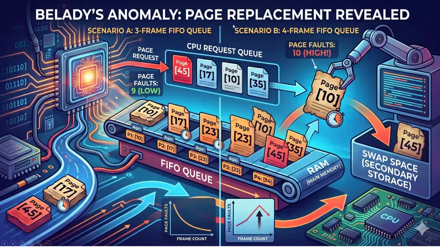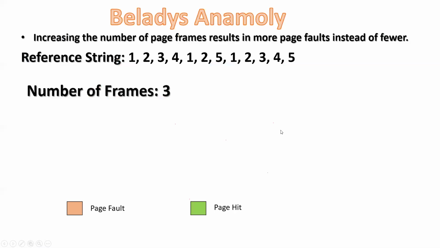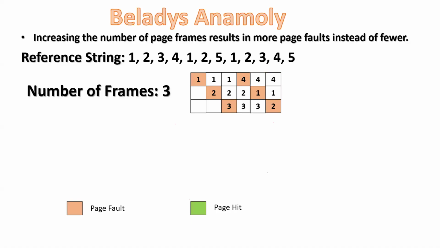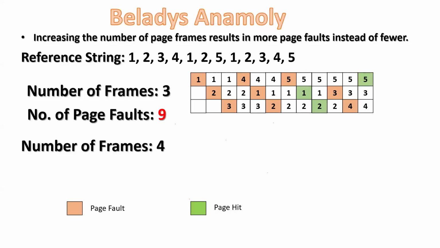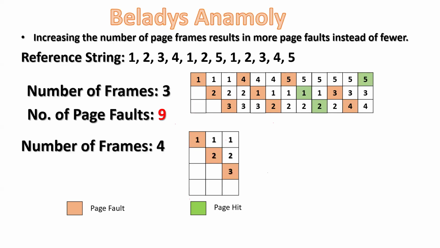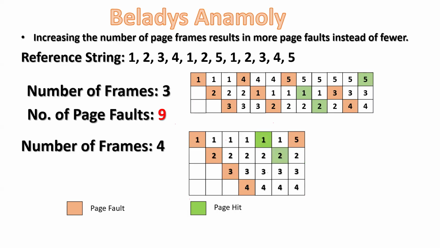So let us consider this situation. We have a page reference string 1, 2, 3, 4, 1, 2, 5, 1, 2, 3, 4, 5. If you see the number with 3 frames, we are getting page faults to be 9. And with 4 frames, please check this.